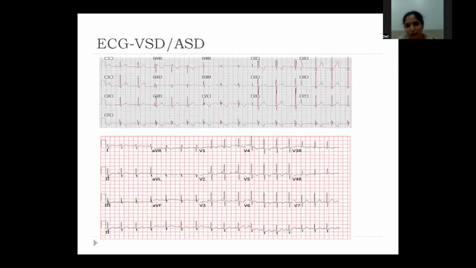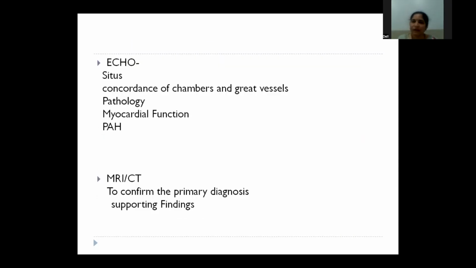ECG also will not be normal as we get in adult ECGs. They have chamber dilatation, so the changes are reflected in the ECG. Echo also, the interpretation style is different. In pediatrics, echo is detailed about the structures of the heart. So the terminologies are also new, like situs and concordance.